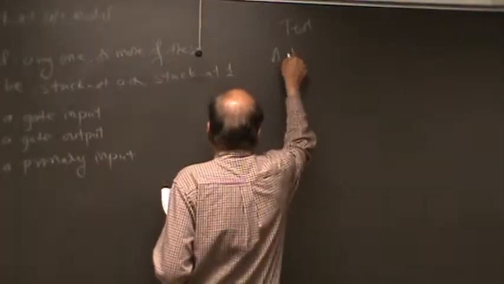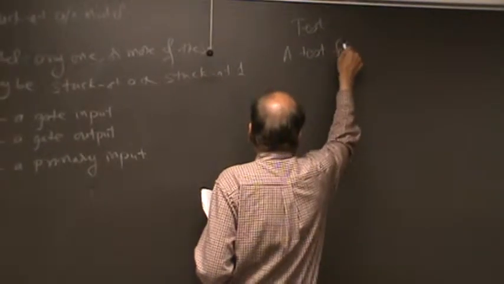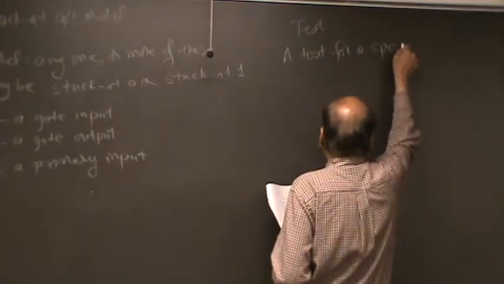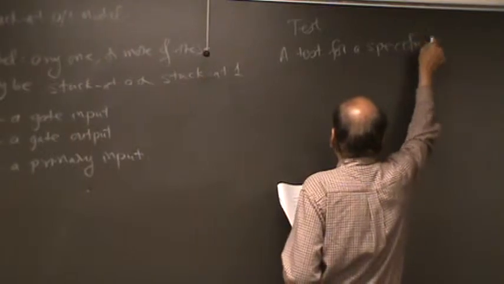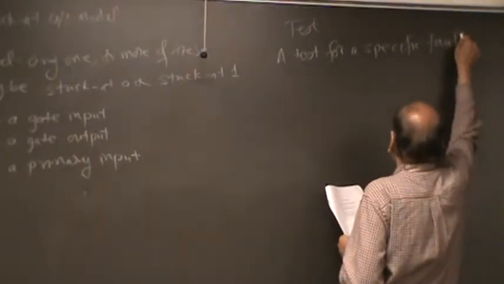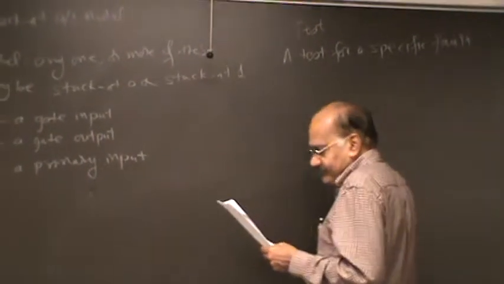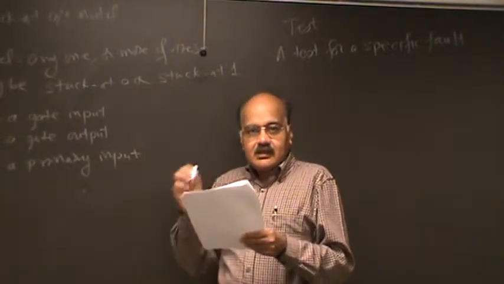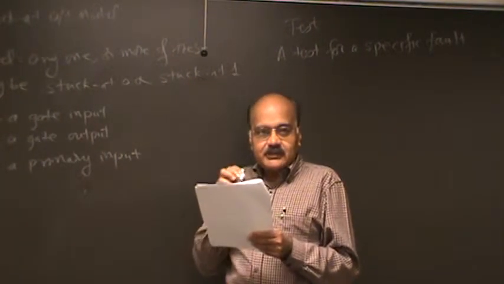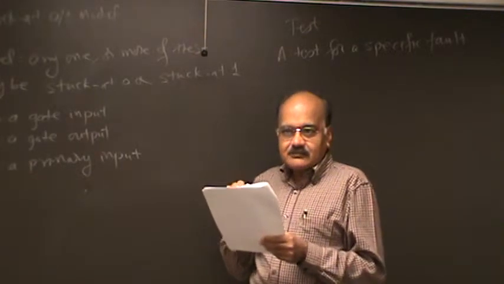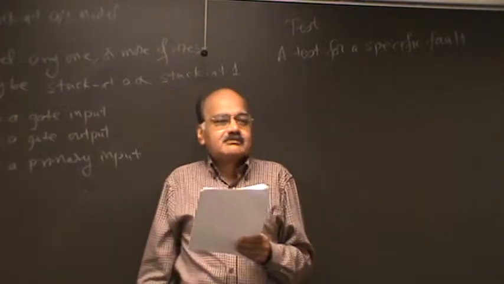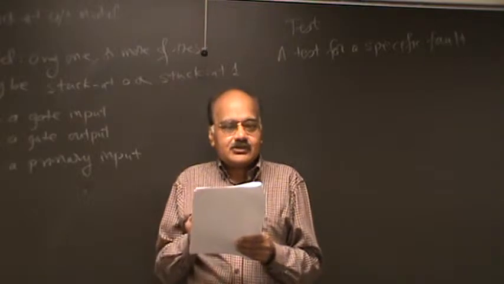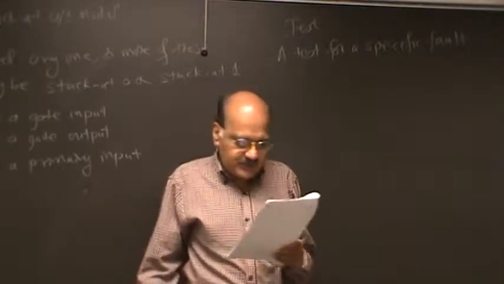Now we will talk about a test for a specific fault. Our objective is to see if this particular fault is there or not. And if something is a test, then this test will detect the presence of this fault.